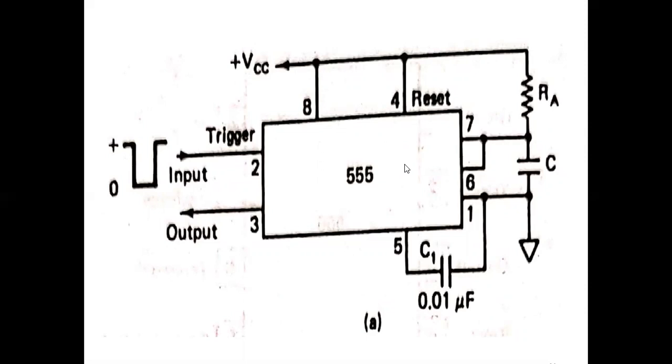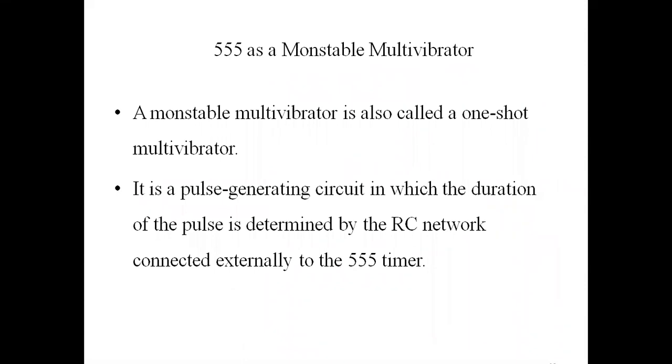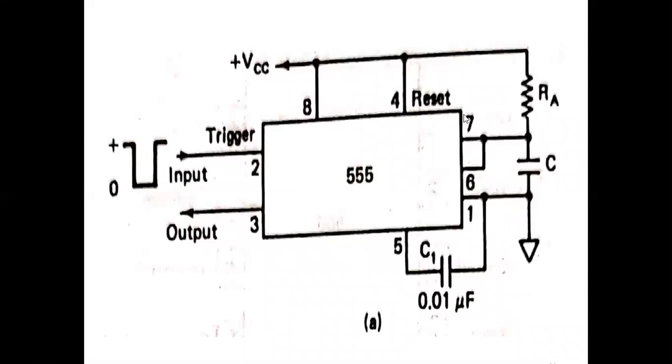In this 555 timer, as I already told you, it is a one-shot multivibrator, and the duration of the pulse is determined by the RC network connected externally to our circuit. This is our RC network connected externally to our 555 timer IC.